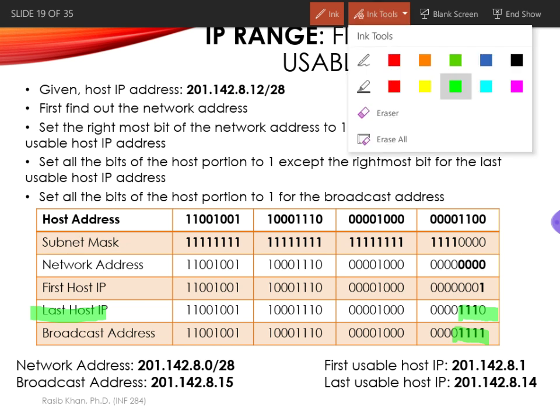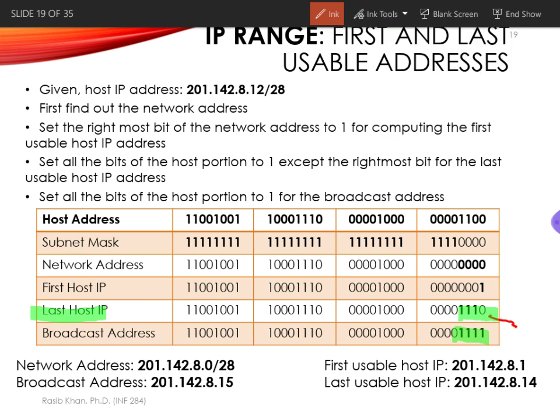So the last bit, we just leave it as 0 and we convert the whole binary into dotted decimal notation. That would give us our last usable host IP address, which is 201.142.8.14. And then finally, the last bit, if we set to 1, that is actually our broadcast address.